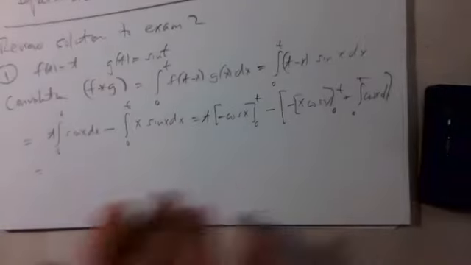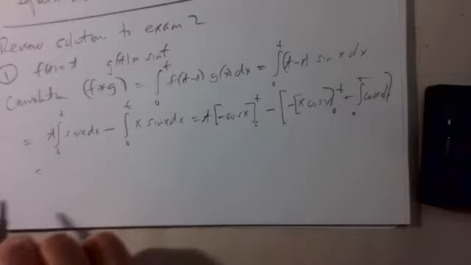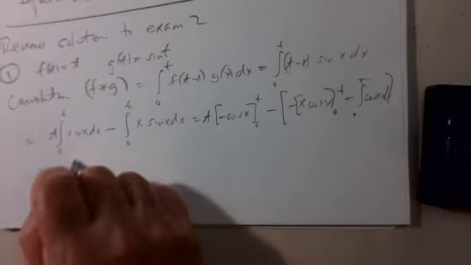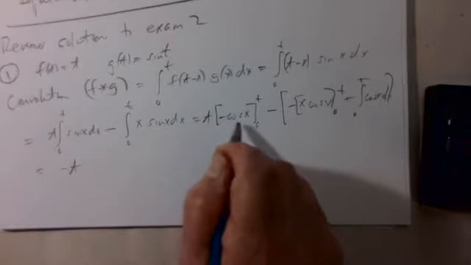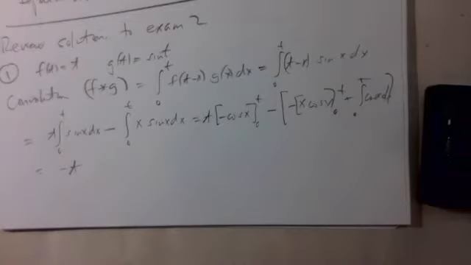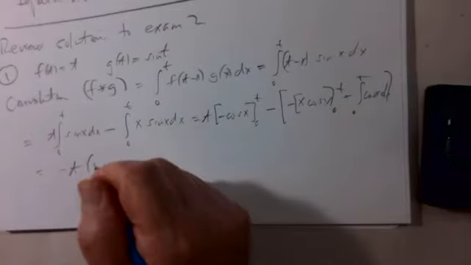So you do the little bit of calculus that you need to do. So this is minus t cosine t, or minus t if you like. This is minus cosine t minus cosine 0. So that's 1 minus cosine t.